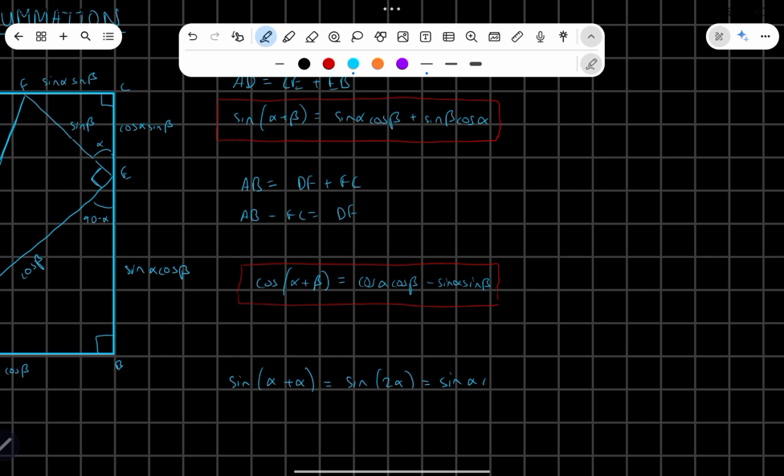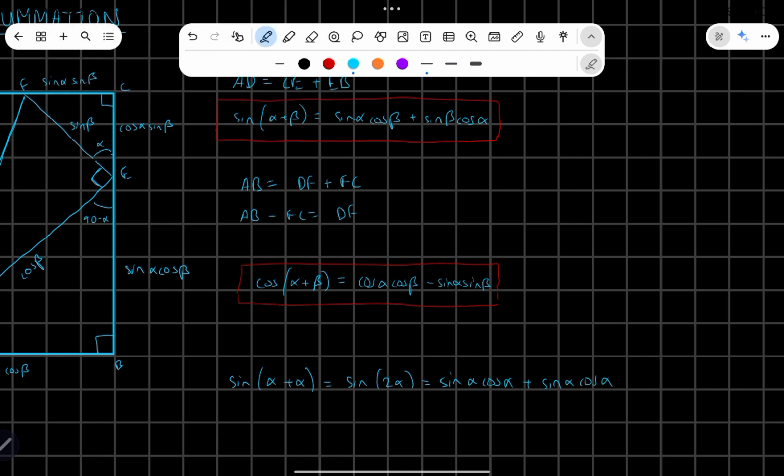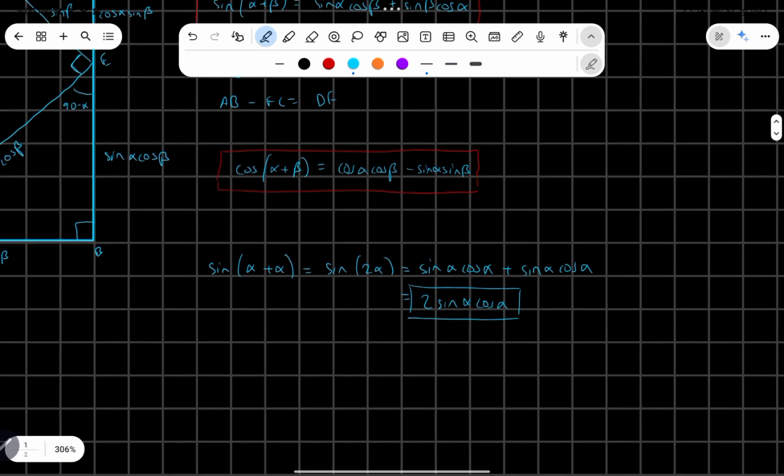So that'll be cos alpha plus sine beta. And beta is just the same as alpha. So sine alpha cos alpha. And that is just the same as 2 sine alpha cos alpha. So sine 2 alpha is the same as 2 sine alpha cos alpha.